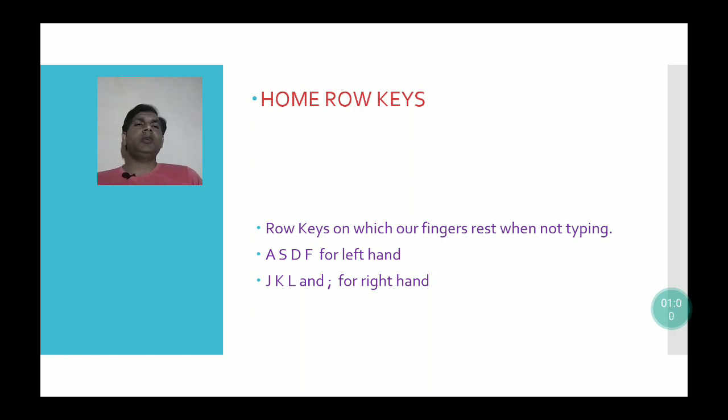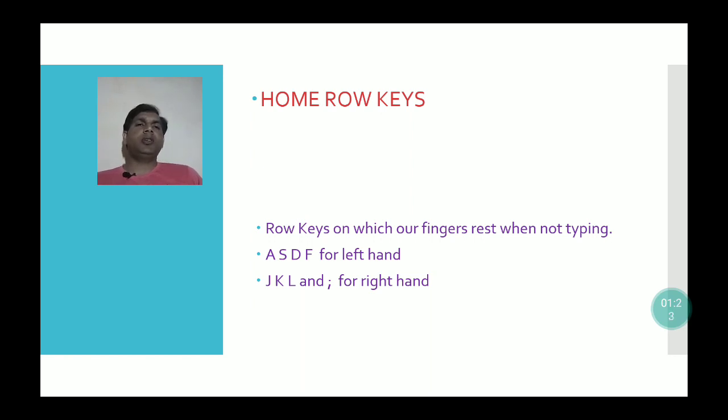Generally, home row keys are the row of keys on which our fingers rest when not typing. Means when we are not typing, our fingers rest on a specific row in the keyboard. Then this row is called home row keys. So how can we recognize this row?